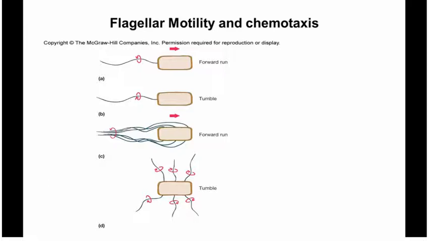Okay, so for this kind of peritrichous bacterium, with multiple flagella all over the surface of the cell, if they're turning in an anti-clockwise sense, they'll all be coordinated together, so the bacterium moves forward. If they turn around in the clockwise sense, they're all going to be turning in an uncoordinated way, so the bacterium is going to move around randomly.